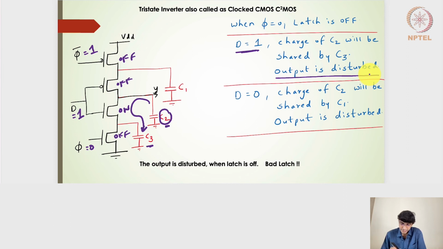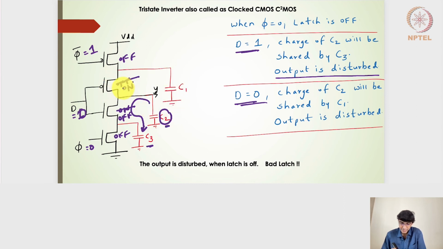The other problem is if D is equal to 0 here. D equal to 0 means this will turn on, and then this will be off. So this on transistor is now connecting C2 and C1.